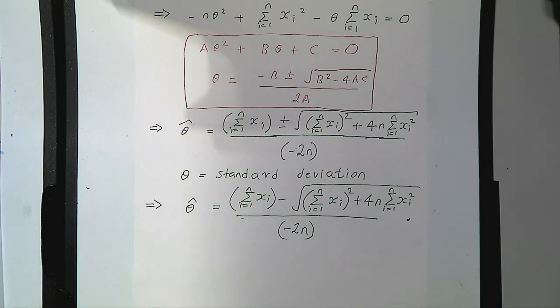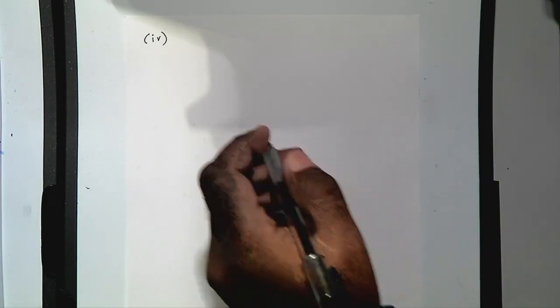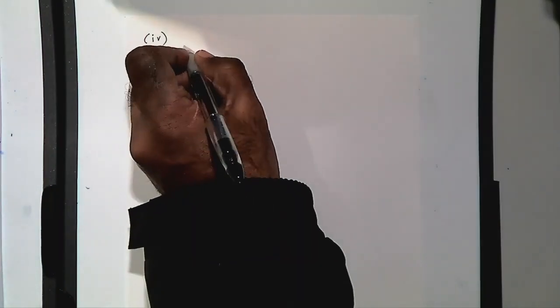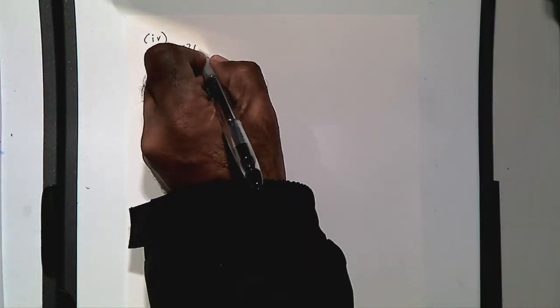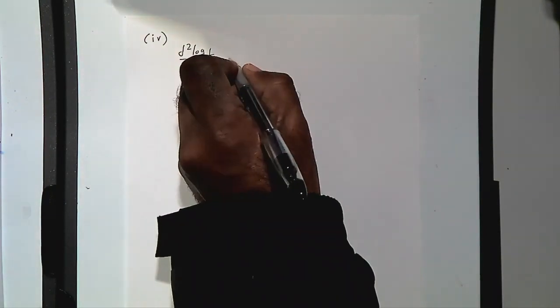Okay. Now we are not done yet because we need to show that the second order derivative is negative. Right? Okay. So to do that, you need to, are you guys okay?